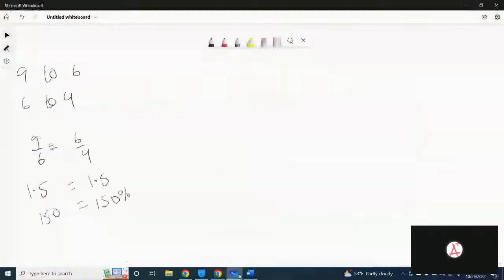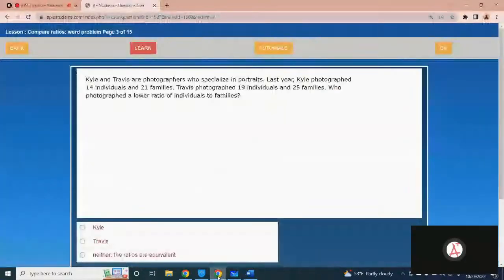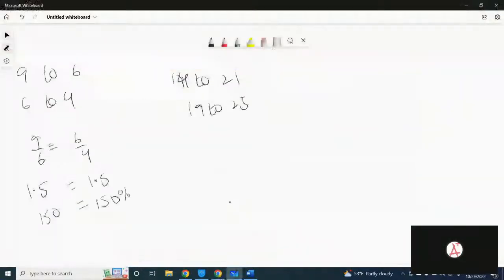14 to 21 and 19 to 25, I think. Let me just confirm. Yes. Okay, just write them down in fractional form. It would be 14 over 21 and 19 over 25. Got it?